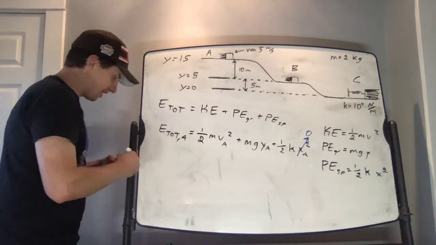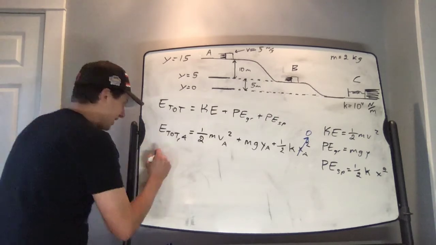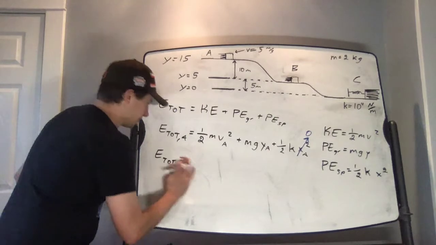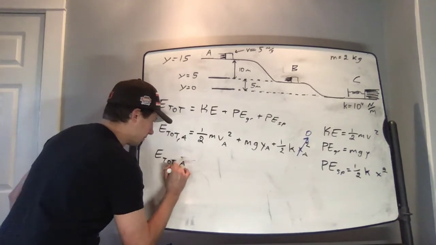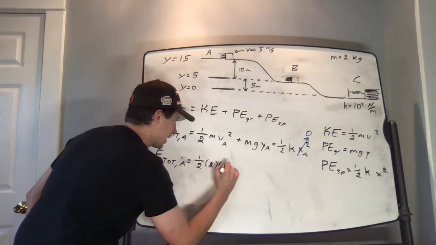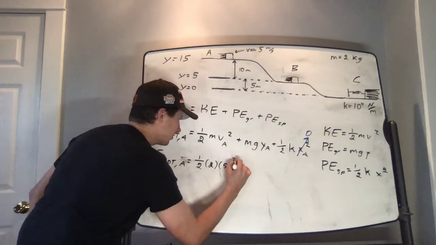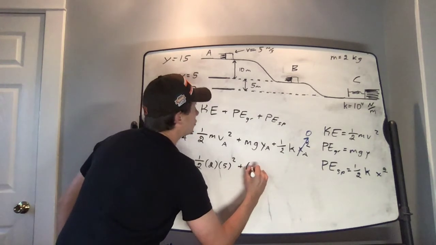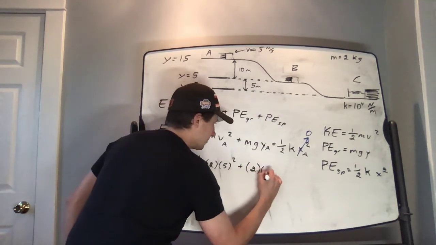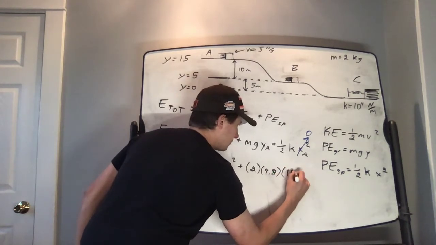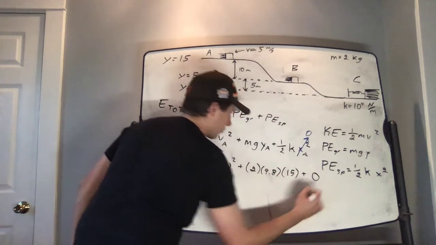So I could write the total energy at moment A is going to be equal to 1/2 times 2 times 5 squared plus 2 times 9.8 times 15 plus 0.